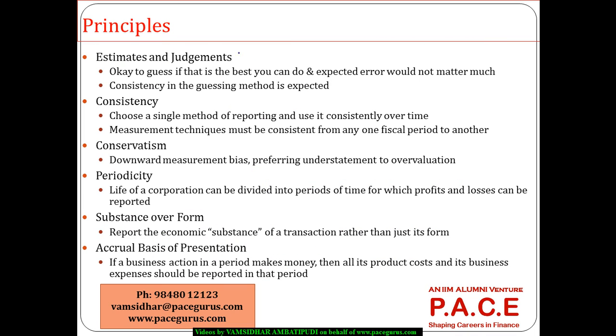Then the other principle that is very much essential for us to understand is estimates and judgment. What we see in the preparation of the financial statements is that different estimates and judgments are made at different points in time. Probably when you have sold 100 items, and you are expecting in general that out of every 100 items sold, let's say 1% of them come back because of defect and are replaced using the warranty mechanism, then it means that the revenues you are getting are only for 99% of the items and not for 100.